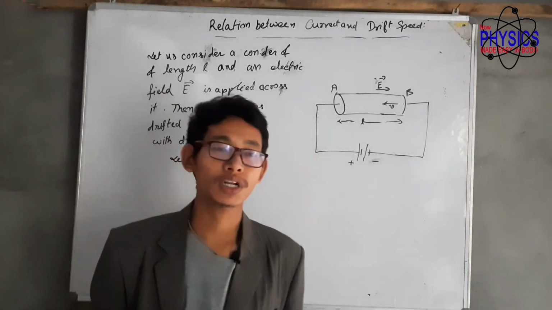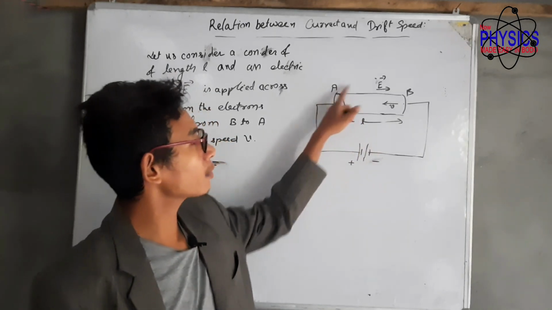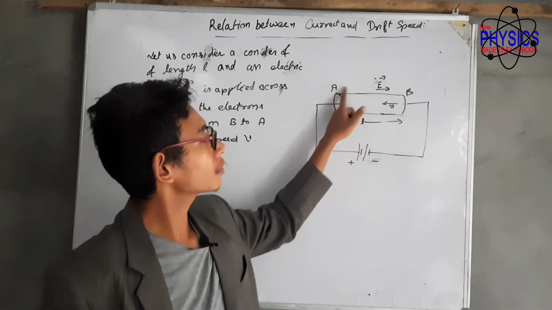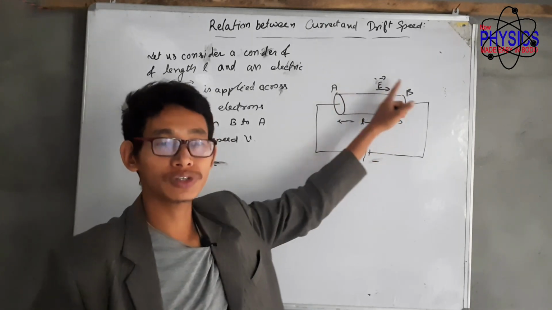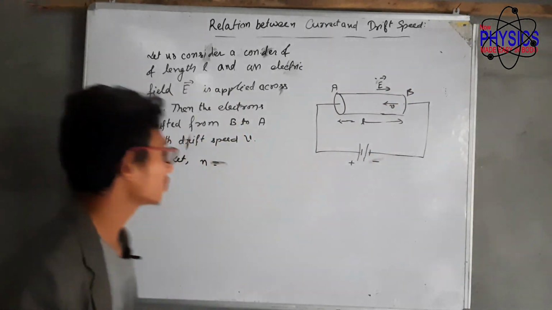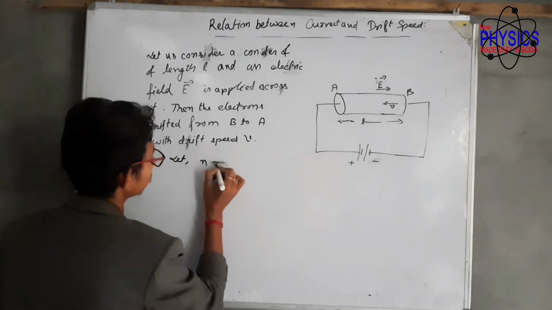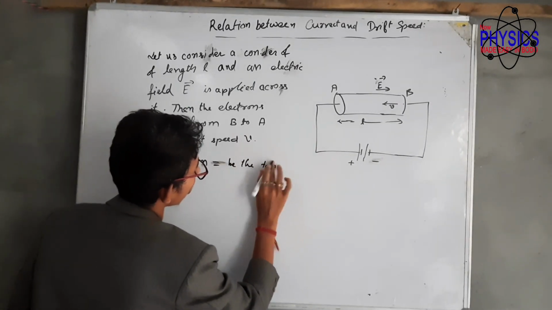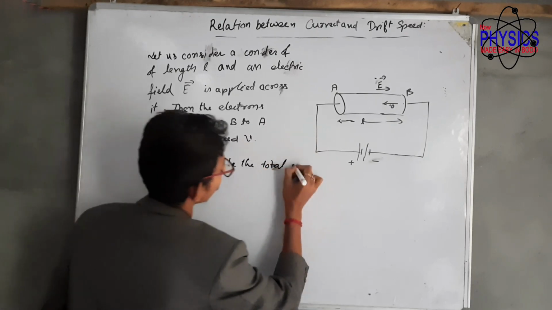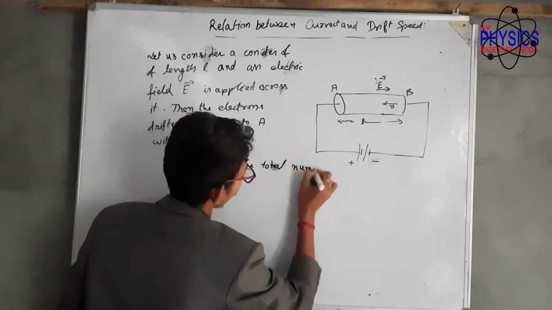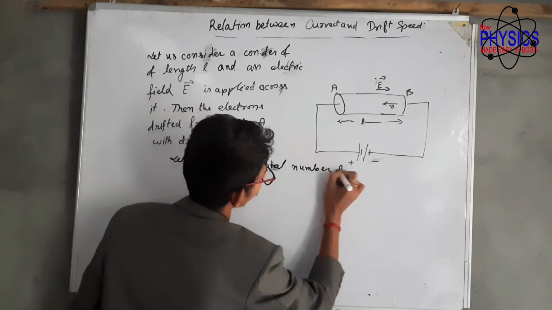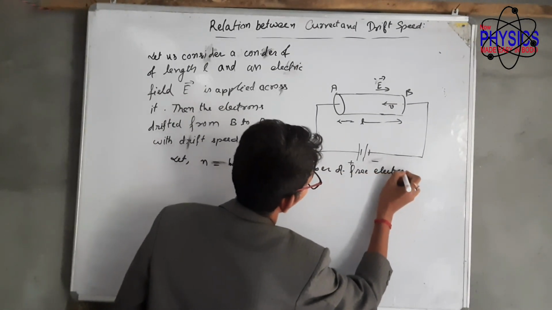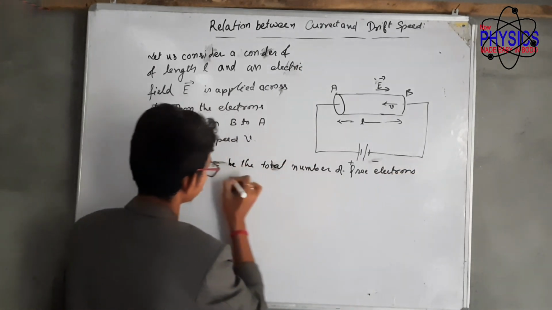the total number of free electrons across this conductor. Let N be the total number of free electrons inside the conductor.